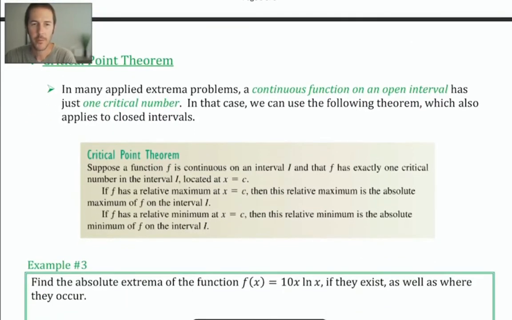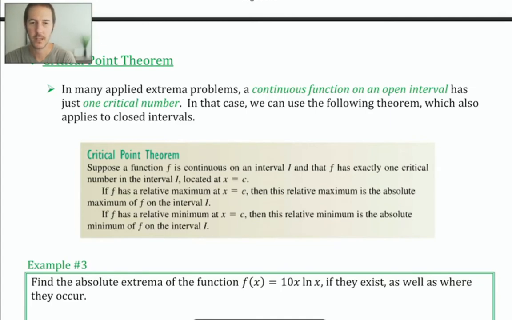The critical point theorem: suppose that a function f is continuous on an interval, and that f has exactly one critical number. So there's only one x value that pairs up with the first derivative equaling 0.